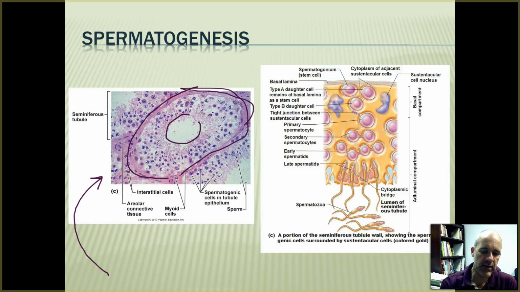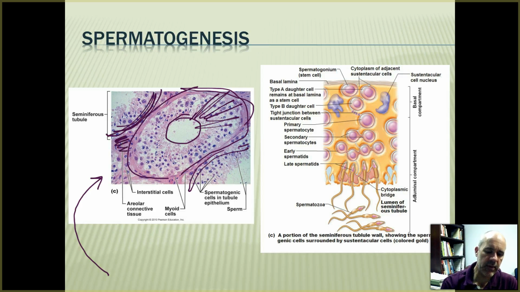Right there is the lumen of a single seminiferous tubule, and all in through here is where you have spermatogenesis taking place, all these meiosis stages that lead to sperm cell formation. And over here, the seminiferous tubules are all wadded up, kind of like wadded up pieces of spaghetti, so there's another portion of it over here.